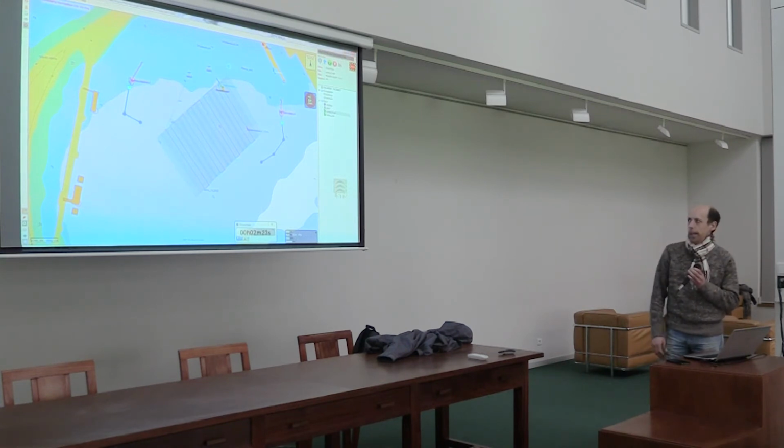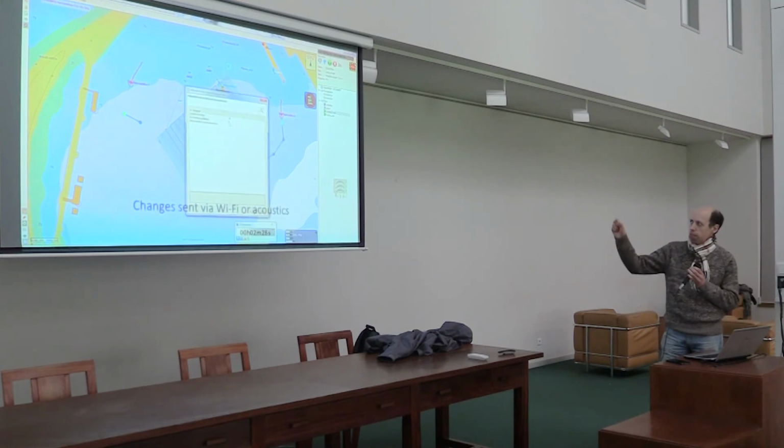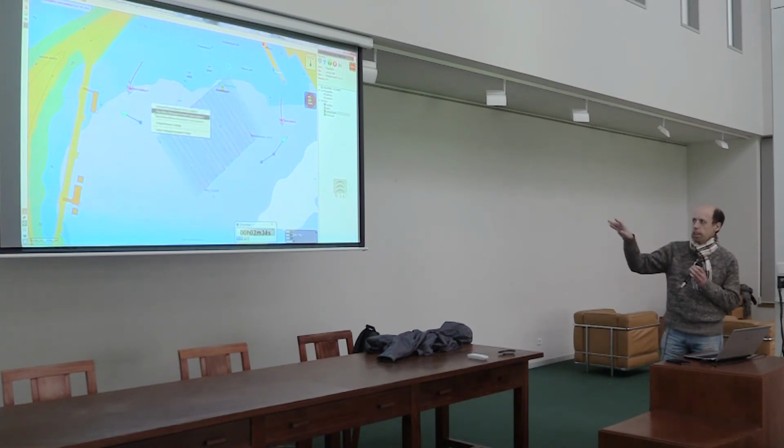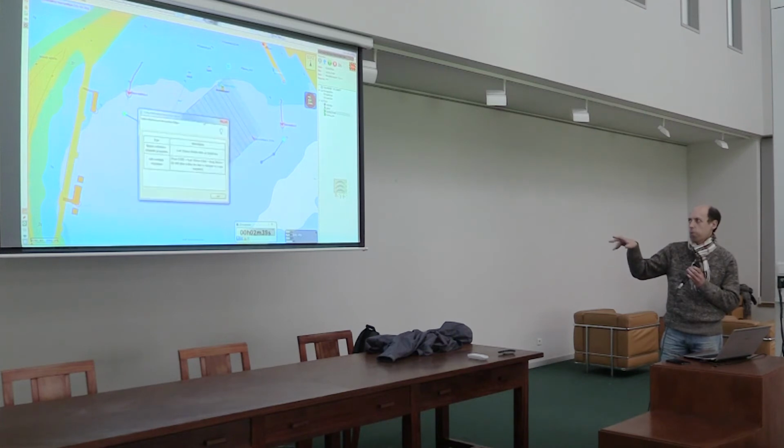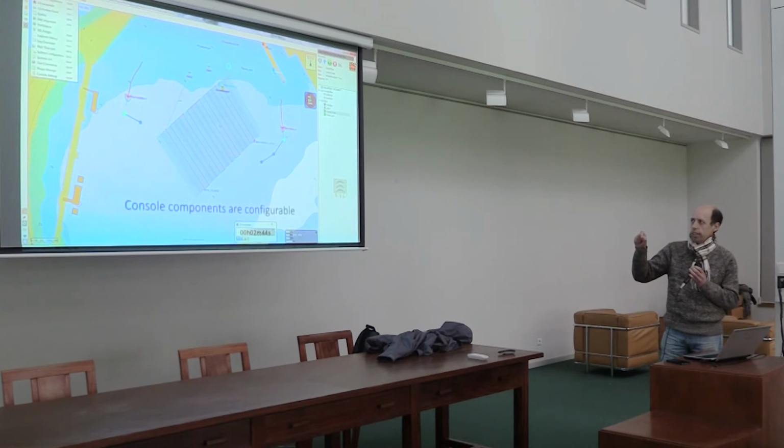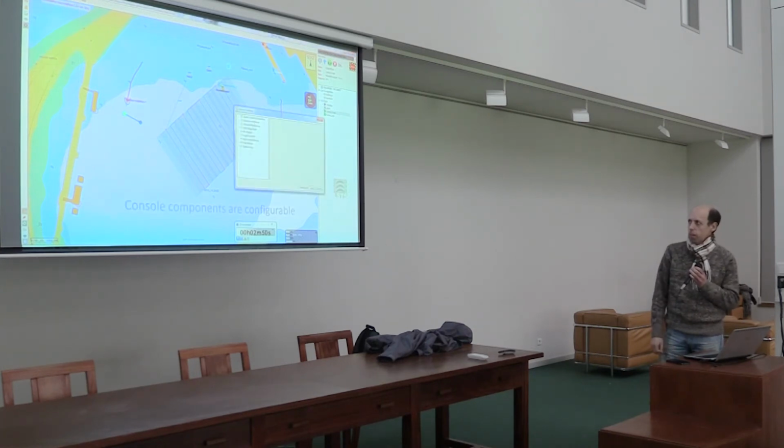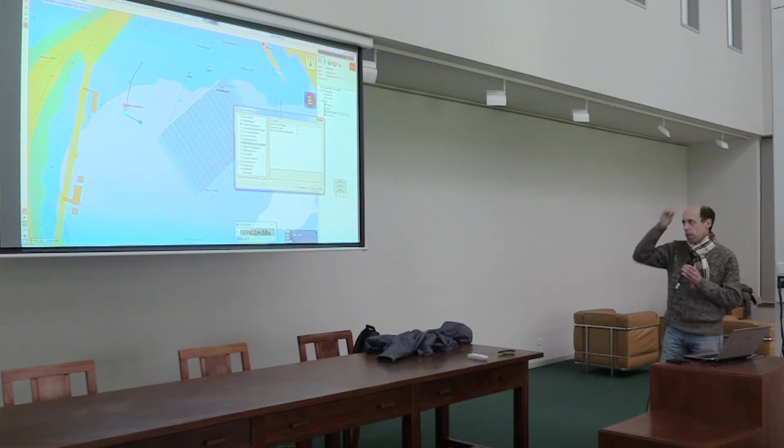Another way of planning is just adding some references to the vehicles, and in this case you can see that we are controlling more than one vehicle at a time. So it's just having something for the vehicle to follow, and you can add these positions or these paths for the vehicle to follow.